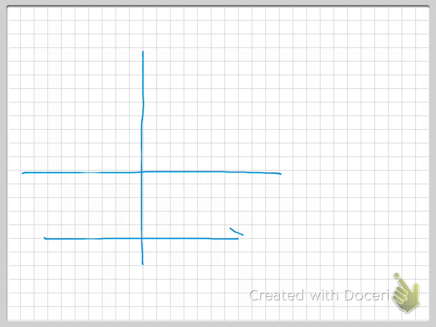Okay, so to sum that up, and remember on skills checks, try not to use your notes, because you're checking to see if you truly understand it. So let's sum this up. If I randomly draw a line right here, it's a horizontal line. Is that a y equals or an x equals?